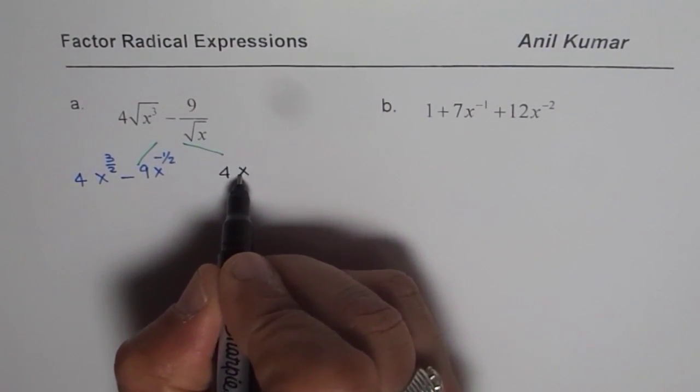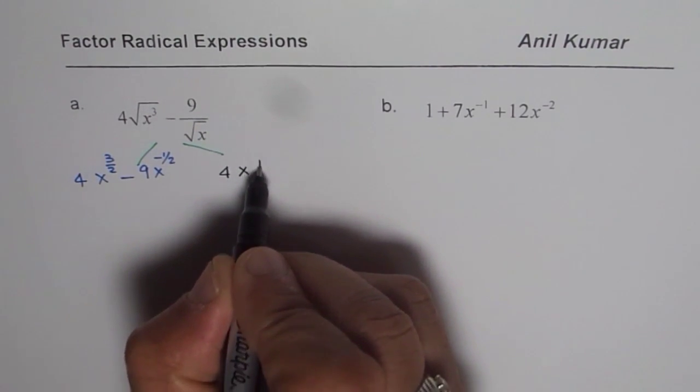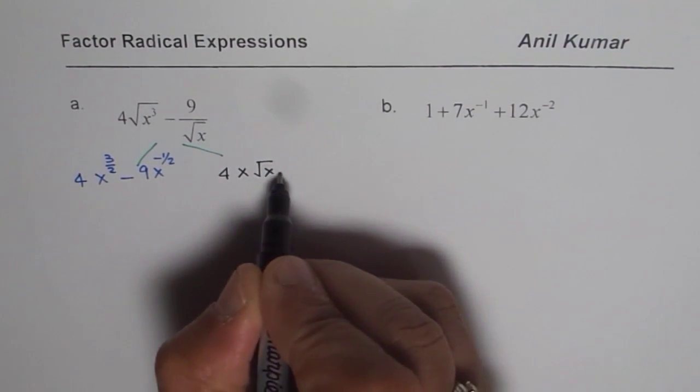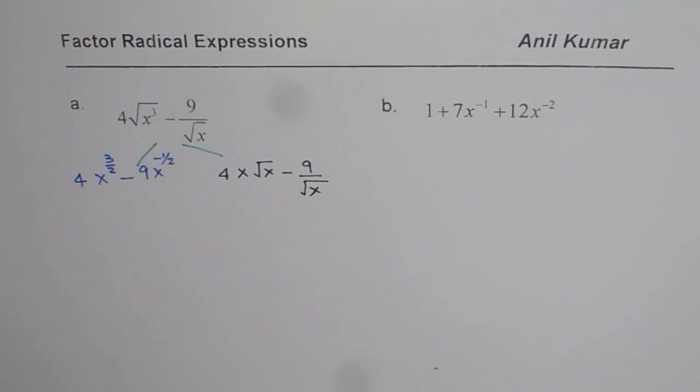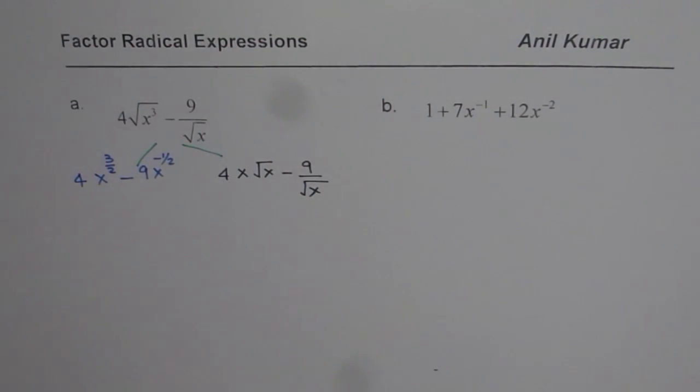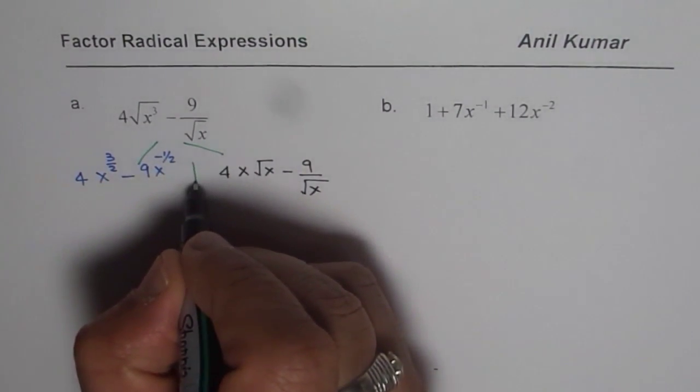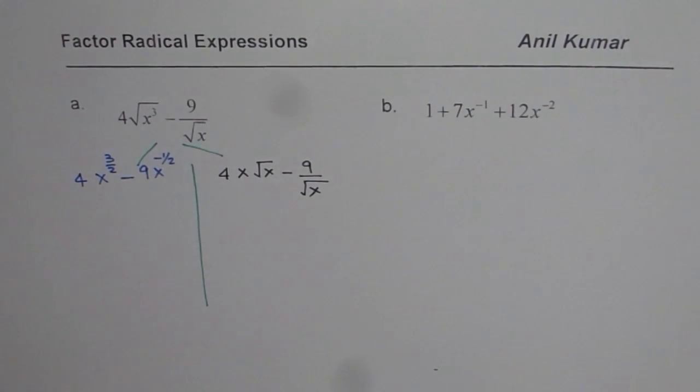So I could write this as 4x square root of x minus 9 over square root of x. So both are the same statements, right? Depending on what you prefer, you can continue from either side. So we'll do both. Okay, let's do the left side.